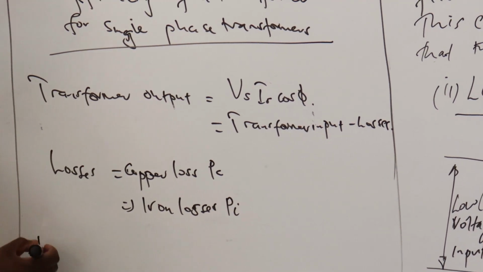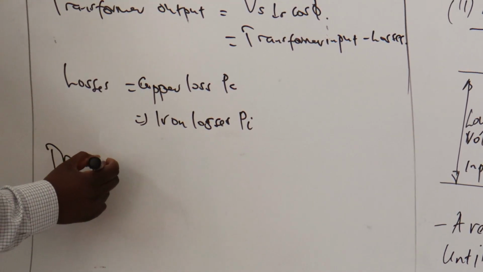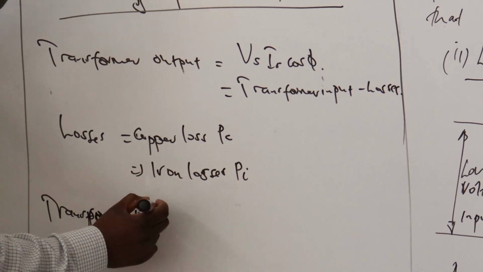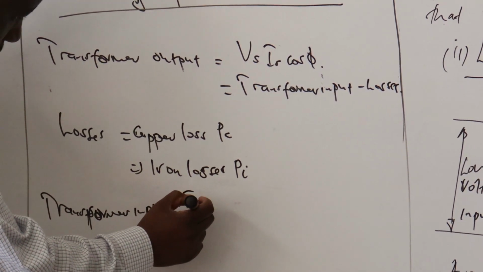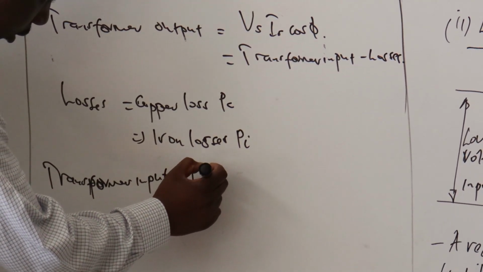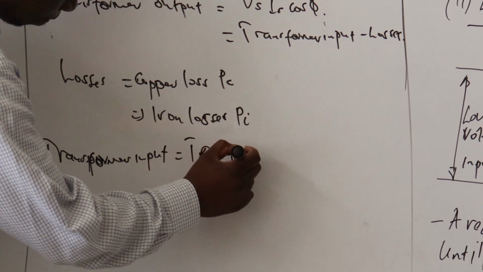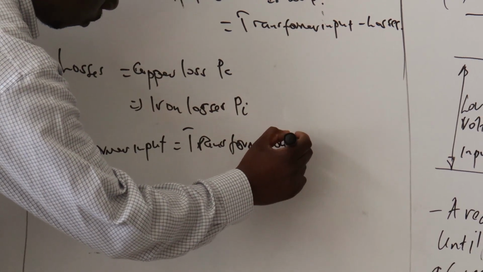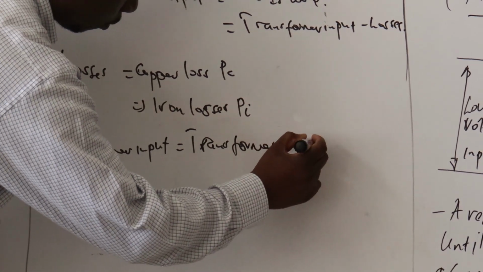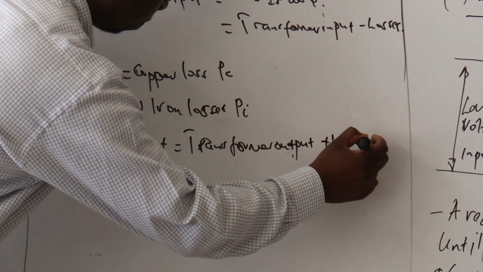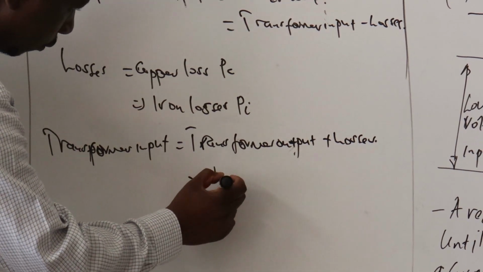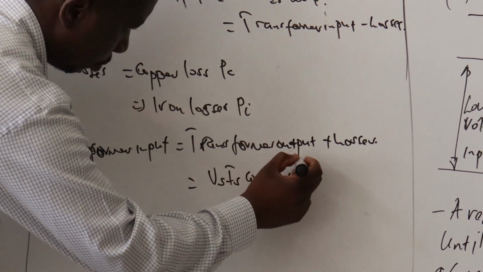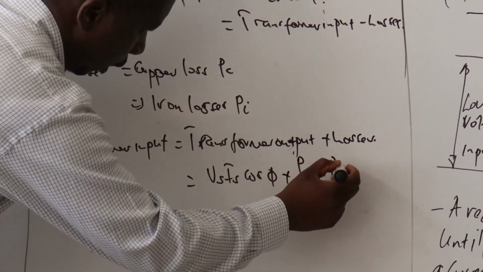So when you have the transformer input, you shall have the transformer output plus losses. So we shall have this as VS IS cos of phi plus PC plus PI.